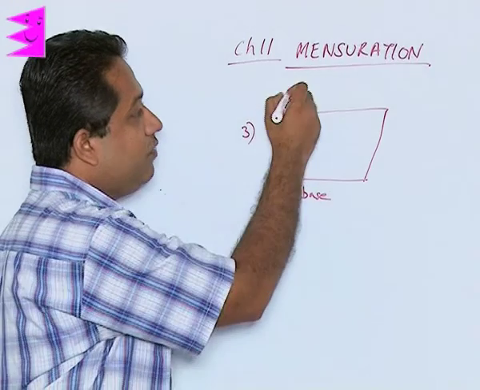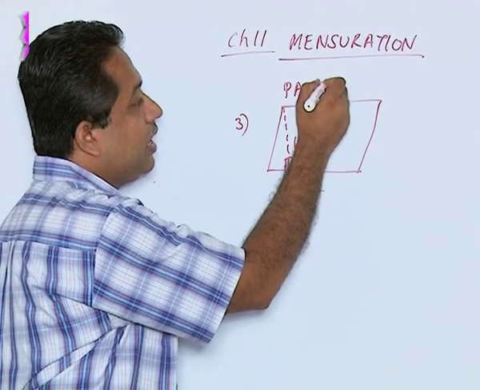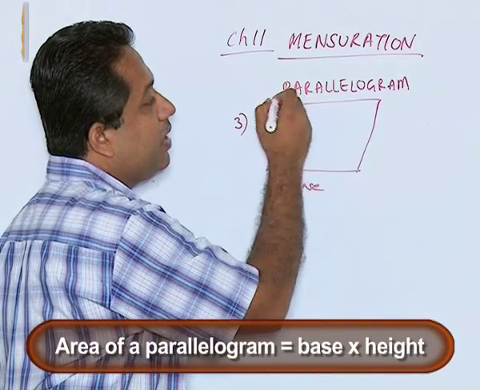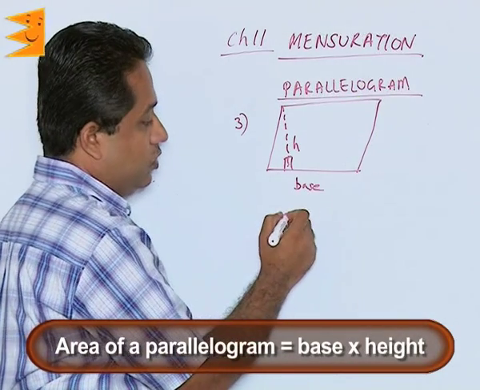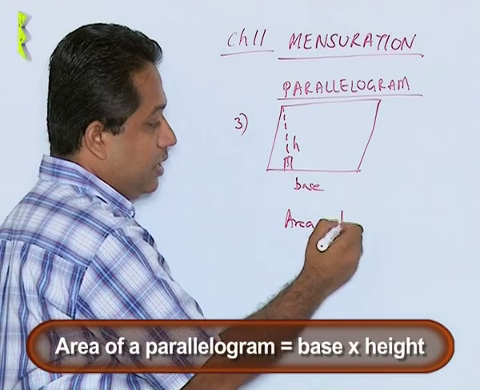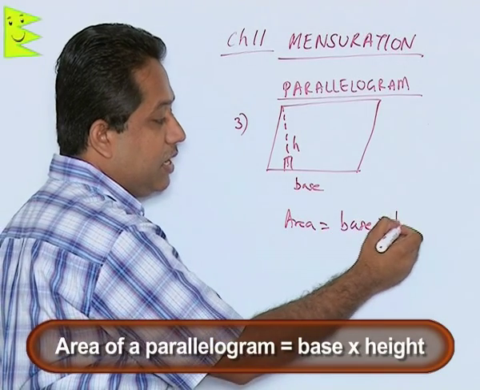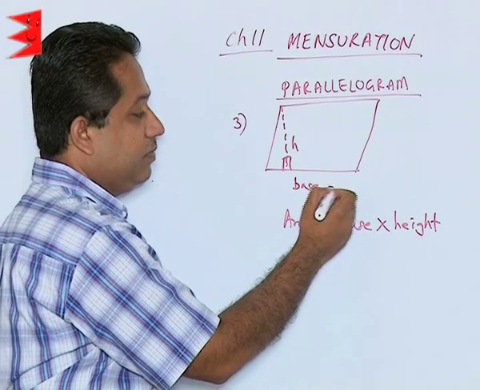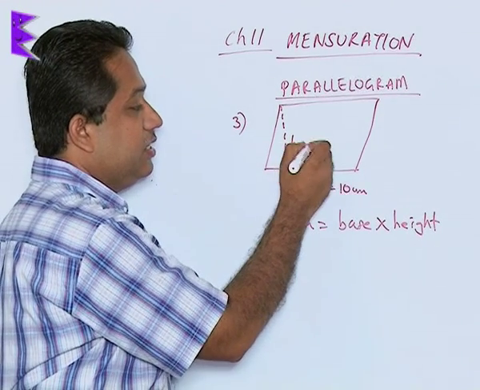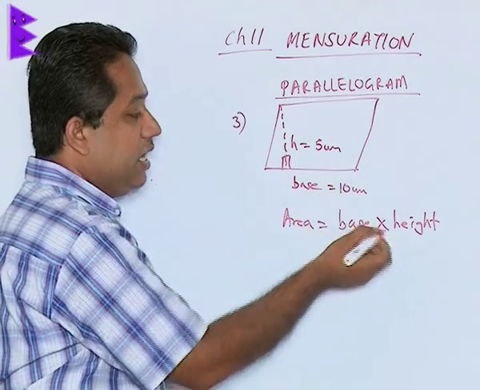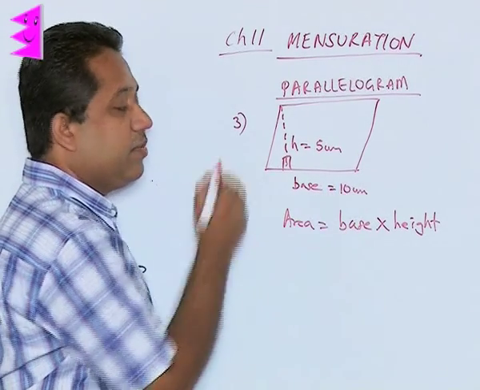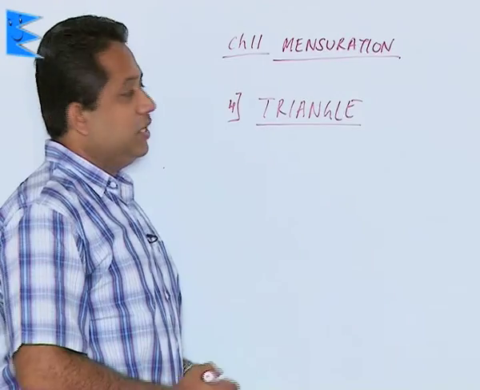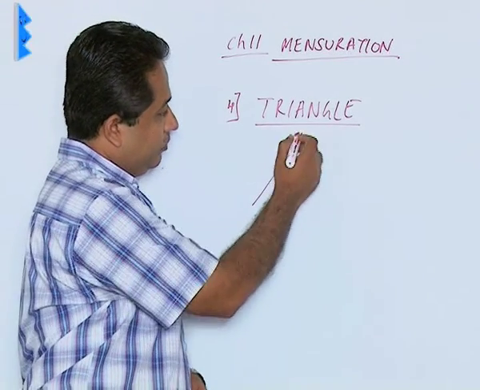So, area of this parallelogram can be found by using the formula base multiplied by height. So, whatever is the base, let us say the base is 10 and height is 5. So, area in this case will be 10 multiplied by 5, that is going to be 50 centimeter square.